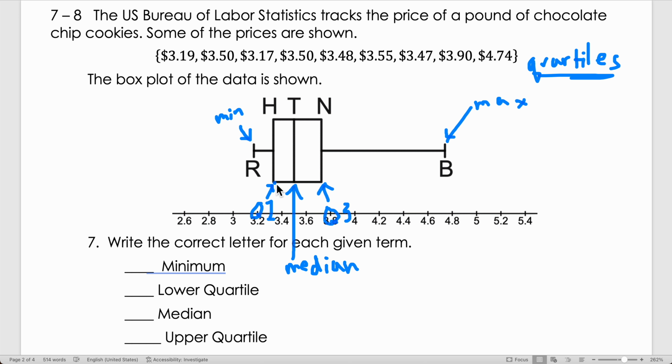How we get those is you split your data up and you find your median. Once you have all your numbers written out and you've found your median, you can take the lower half of data, find the median of that, and that is quartile 1. Then you take the median of the upper half of your data, and that's Q3.